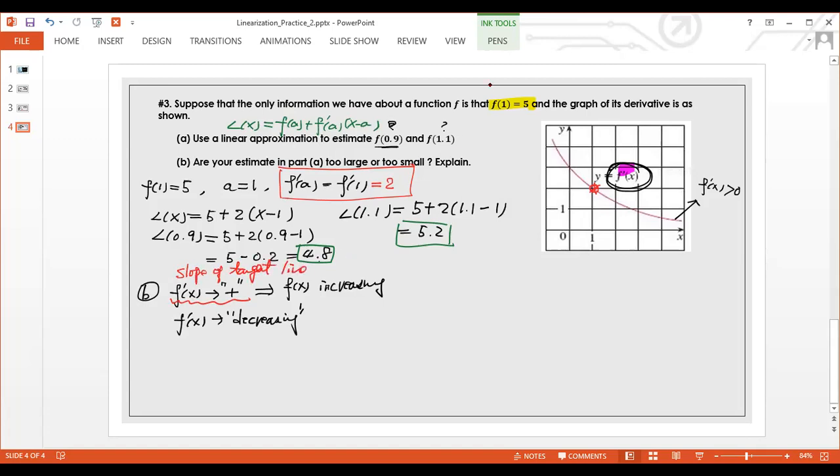Then we also see this is decreasing. So what does that imply? That means f prime is still the slope of the tangent lines, but the tangent line becomes less steep.